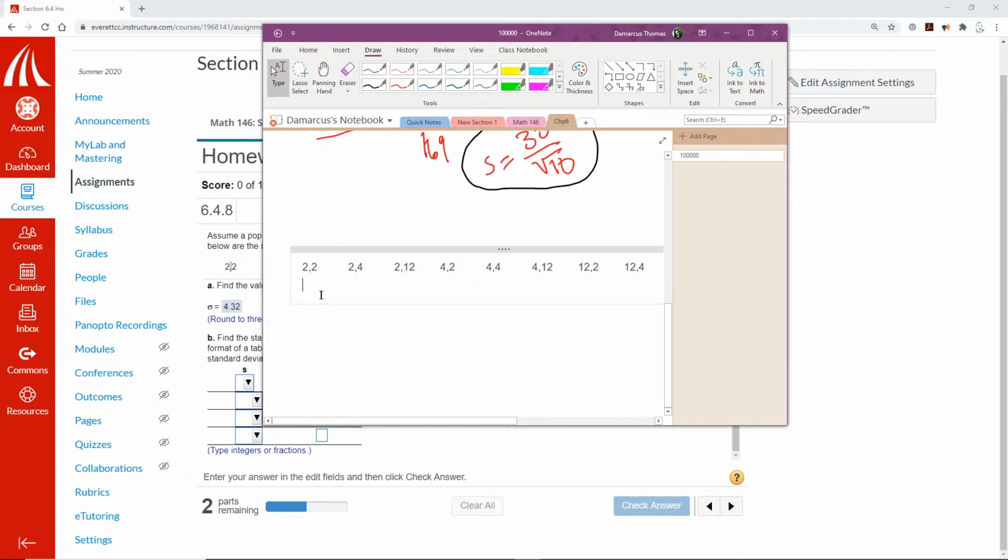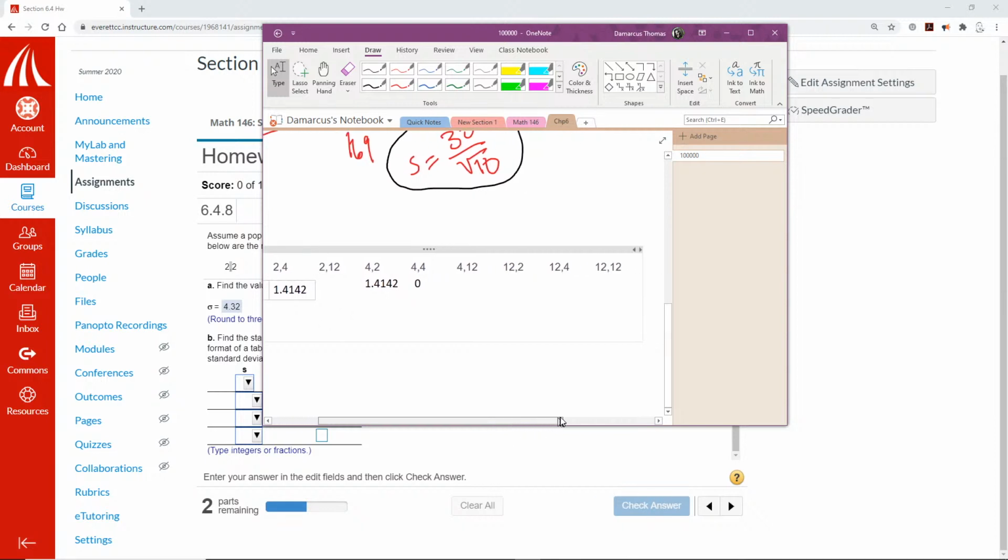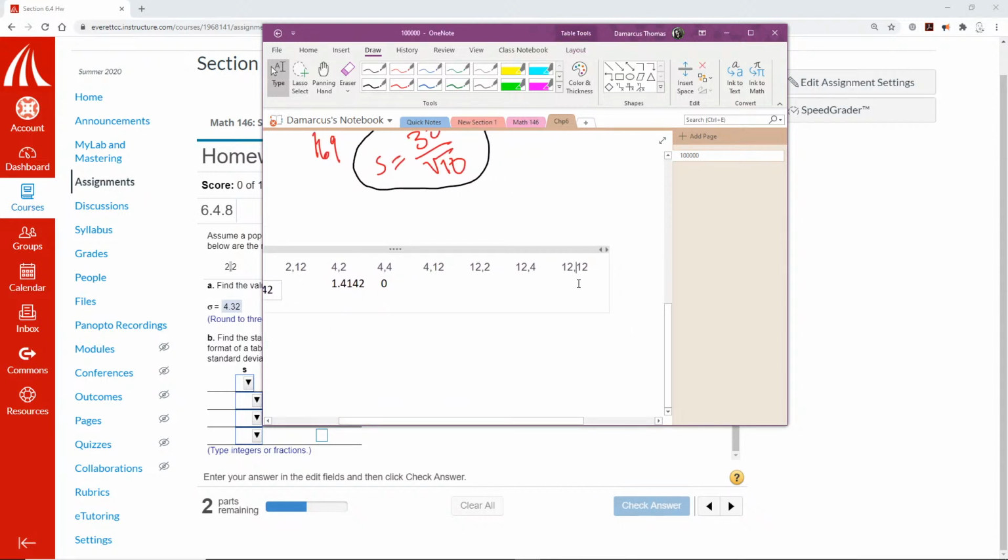So deviation here, I'll put 0 here, 1.41, 4, 2. 2, 12 I didn't do yet. 4, 2 is the same as 2, 4. 4, 4 will be 0. What else? And this one will be 0.